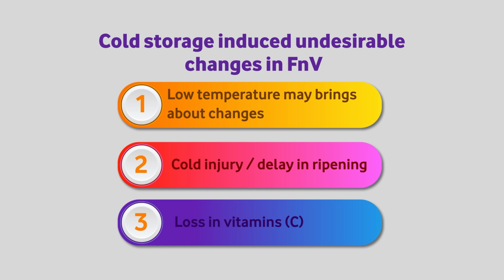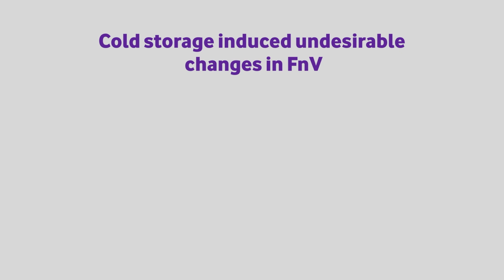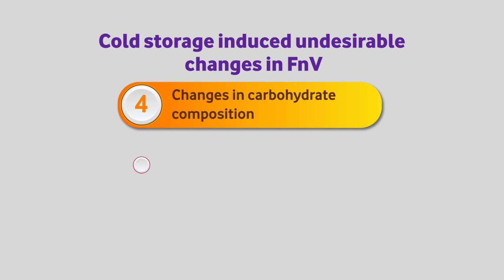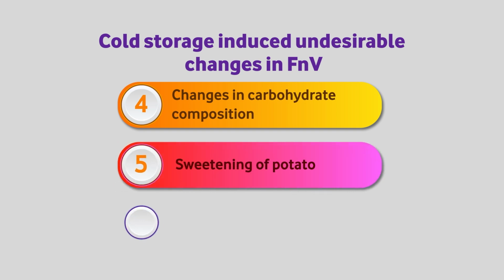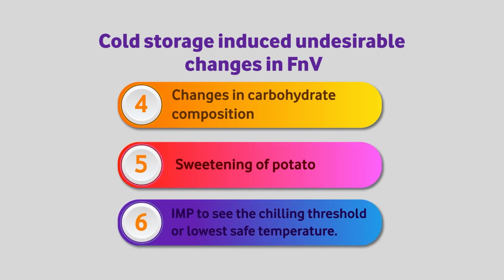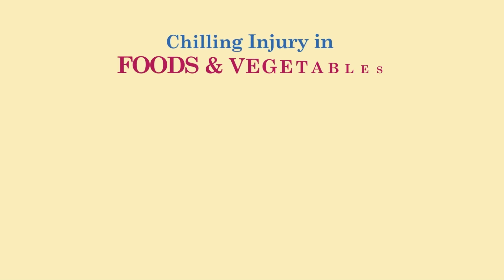If the potato lot is taken off from cold storage, it gives a sweeter taste. And here it is important that the chilling threshold, or the lowest safe temperature, has to be worked out for each of the commodities, if we want to minimize these undesirable changes and address these challenges.